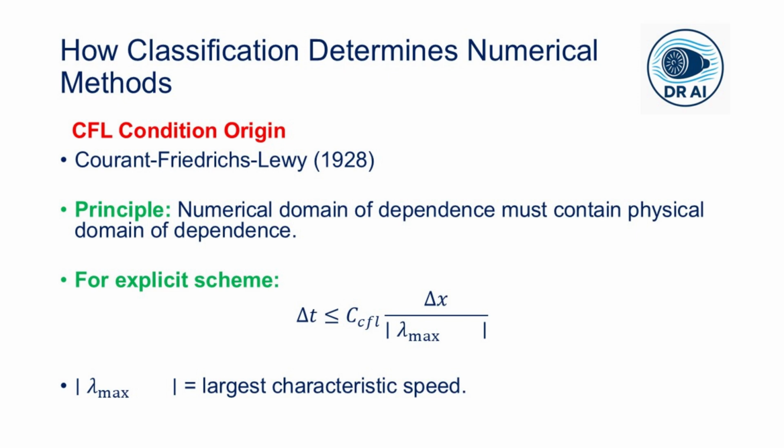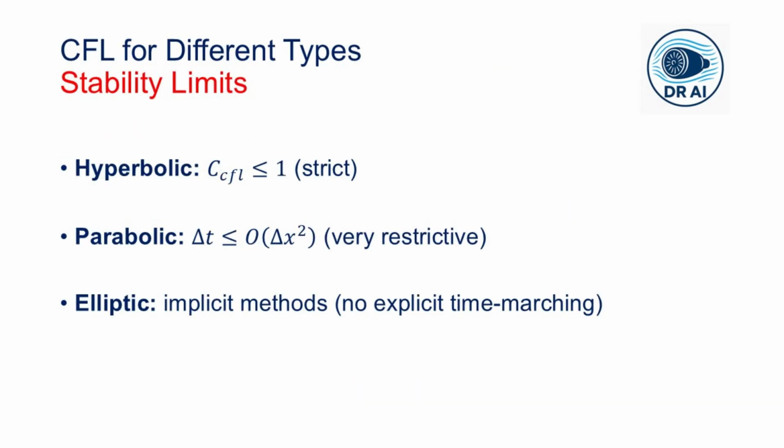If the time step is too large, the numerical scheme misses physical information and becomes unstable. So as far as hyperbolic equations are concerned, the CFL condition is very strict. For explicit schemes, a CFL number less than or equal to 1 is typically needed for stability in the case of hyperbolic equations.